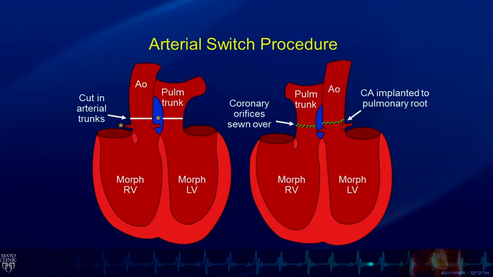So not unexpectedly, the problems that we'll see after this procedure include problems with the coronary anastomosis, problems with the anastomosis of the great vessels, narrowing in particular, and then problems with the semilunar valves, because the pulmonary valve, the patient was born with a pulmonary valve, is now sitting in the systemic circulation.